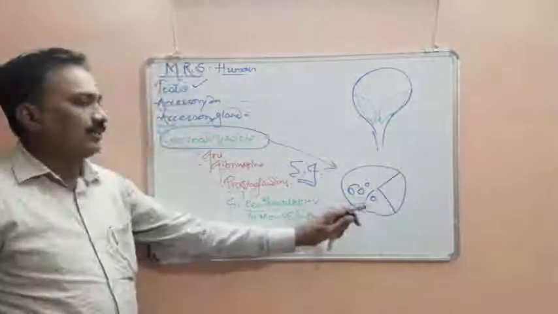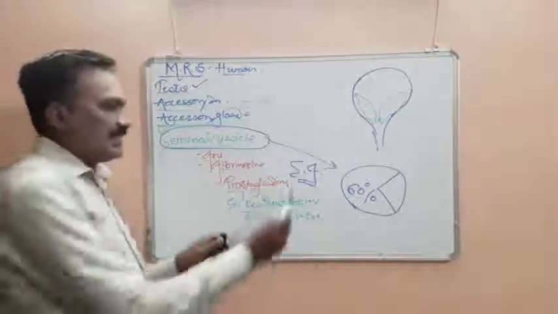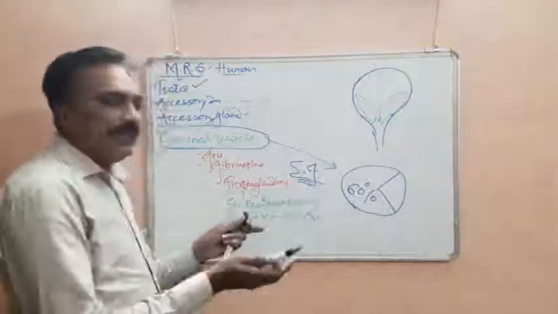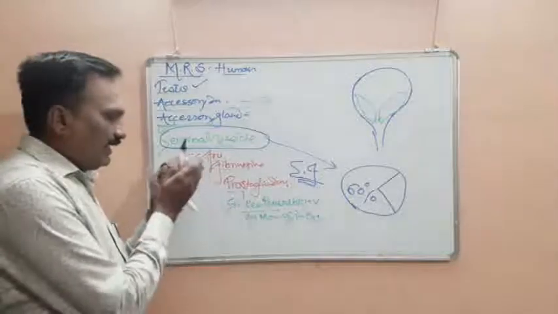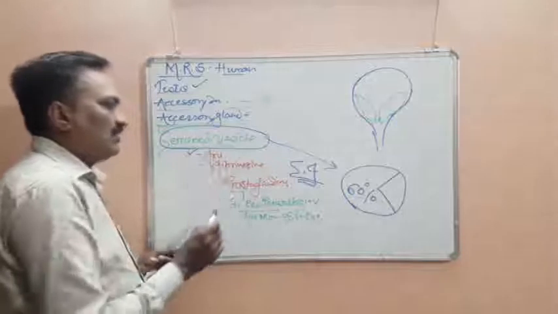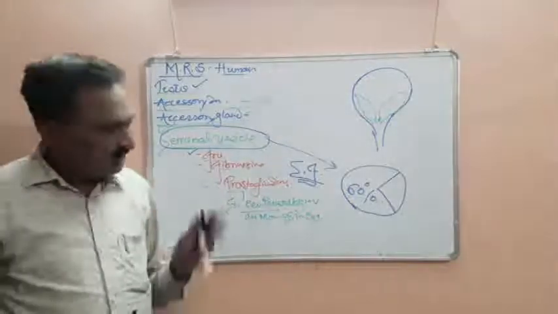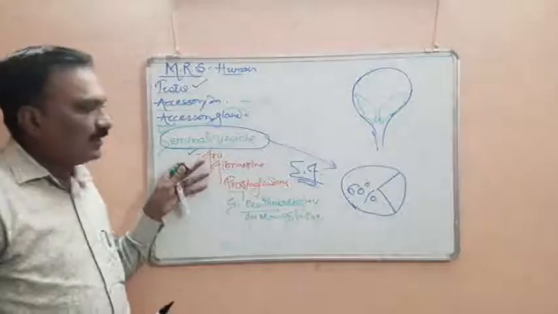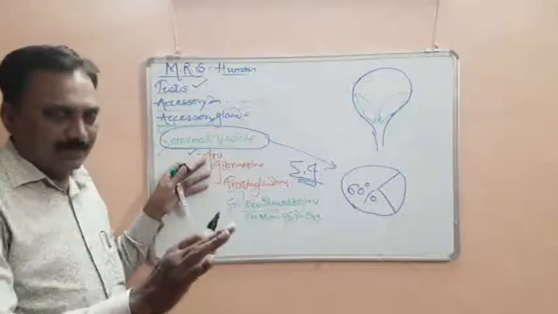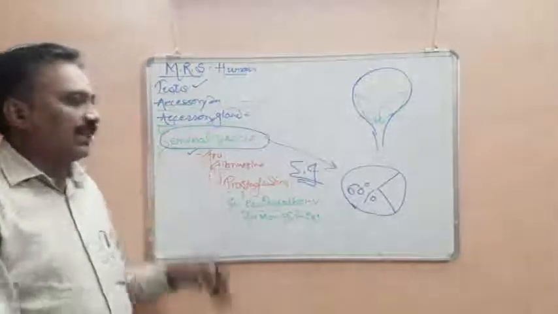And this seminal fluid again consists of three chemical substances, for example fructose, fibrinogen and prostaglandins.